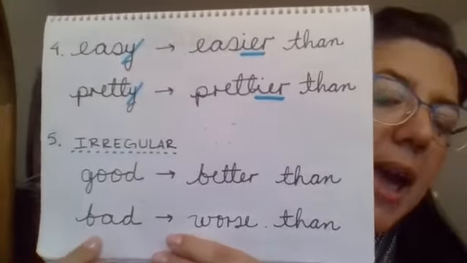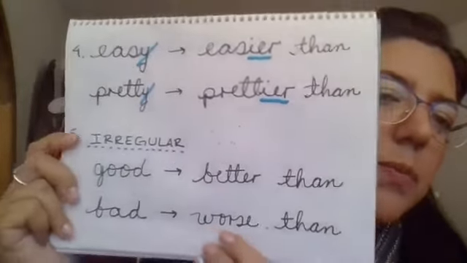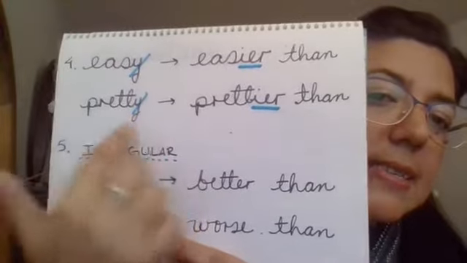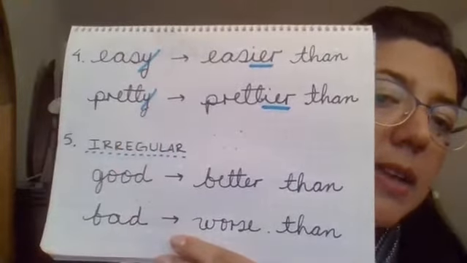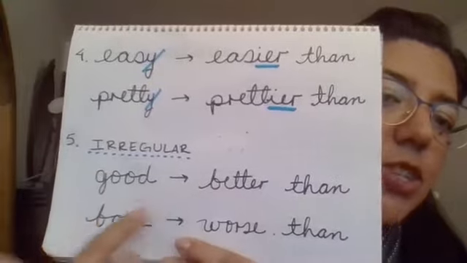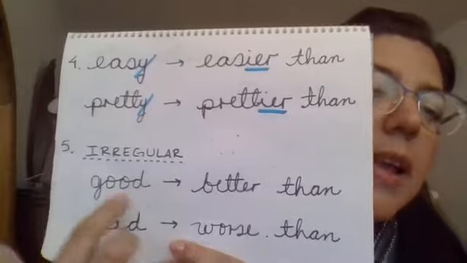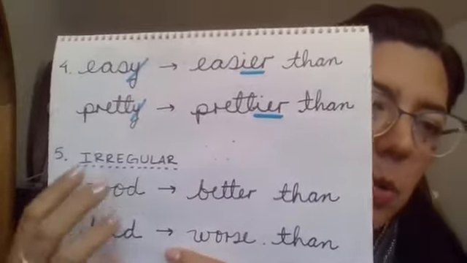With the adjective bad, we have the form worse than, worse than. As you can see, since these are irregular adjectives, they change completely, okay? They are not following a rule, they just change, okay? So those are the five different types of adjectives that we're going to find when we try to use the comparative form.